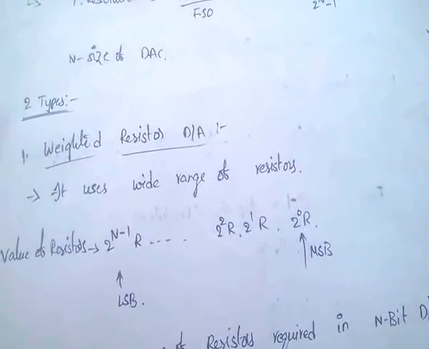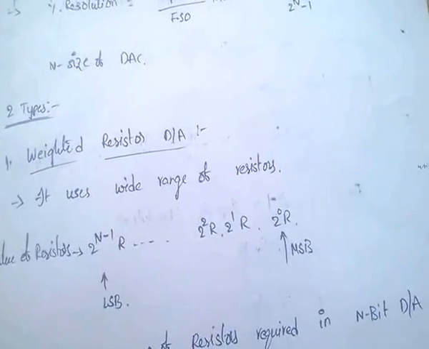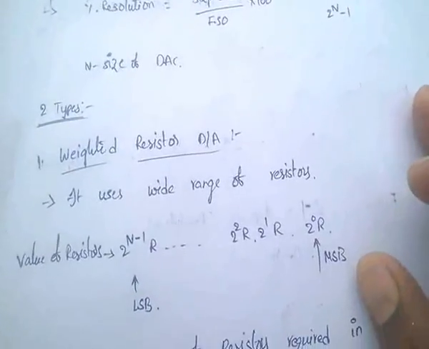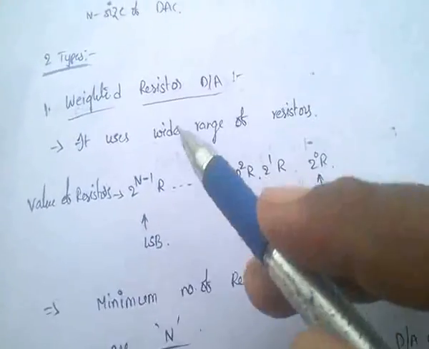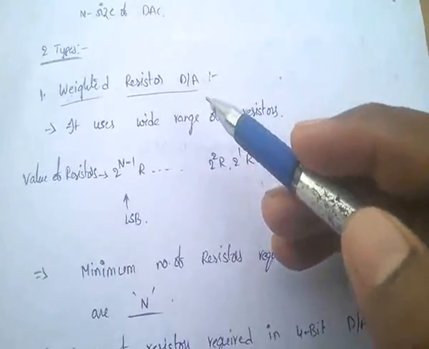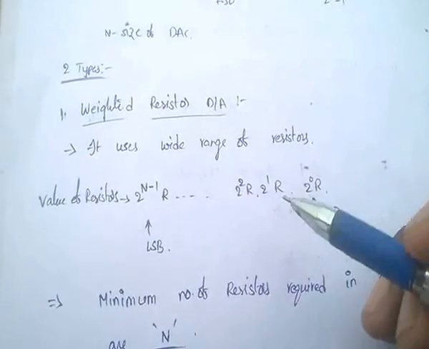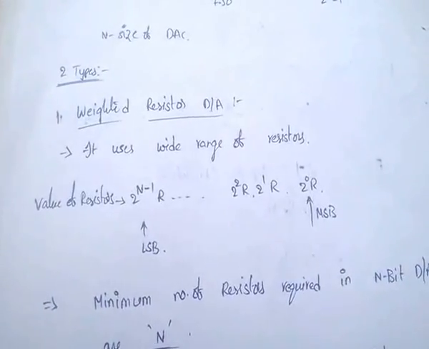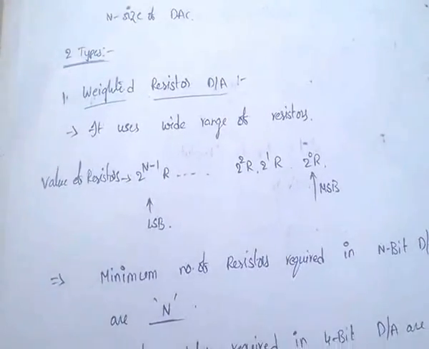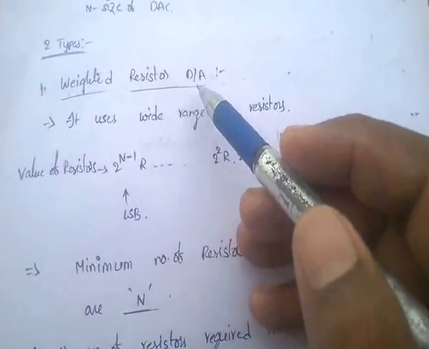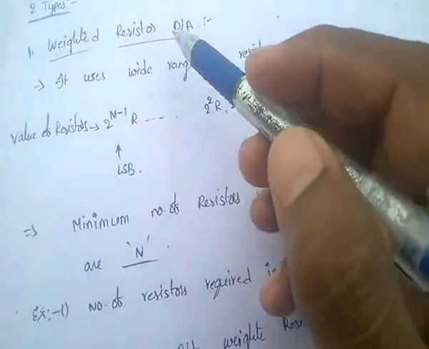There are mainly two types of digital to analog converters. First one is the weighted resistor digital to analog converter, and the second one is the R to 2R ladder D to A converter.